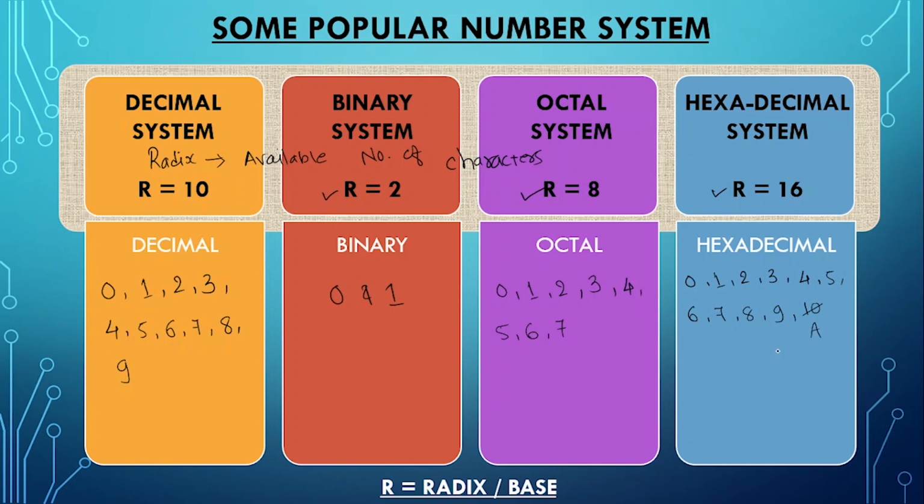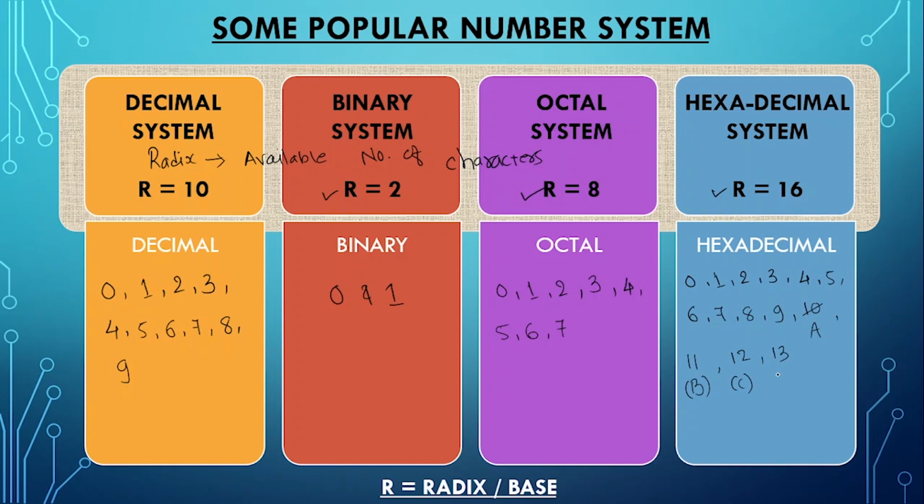In place of 1 0 we are going to use capital A. Similarly, for the next character we cannot use 1 1, we will use B in place of 1 1. The next character 1 2 cannot be used because it is a combination of already existing characters. We will use capital C in place of 12.